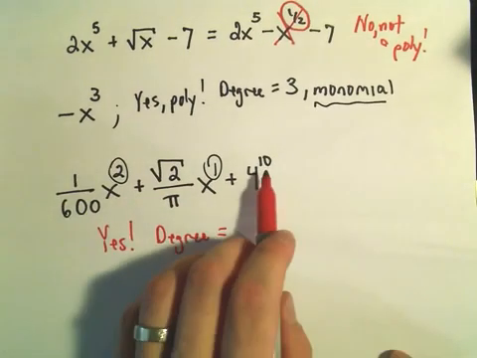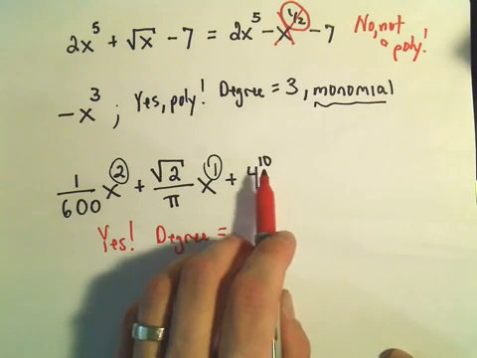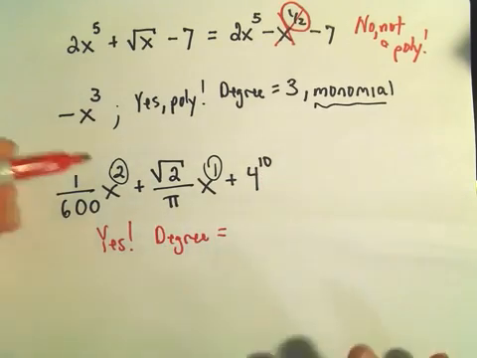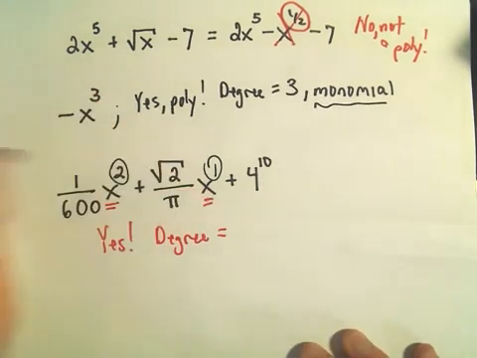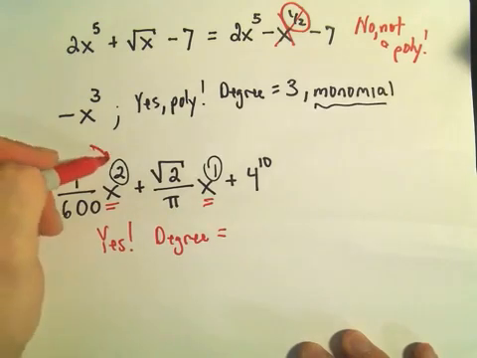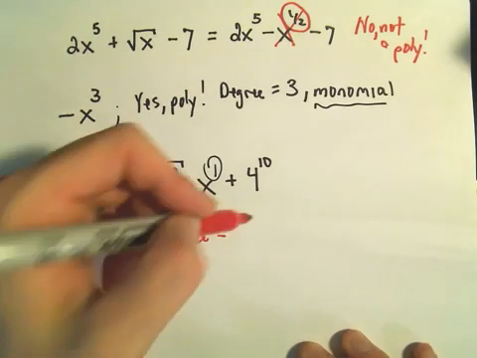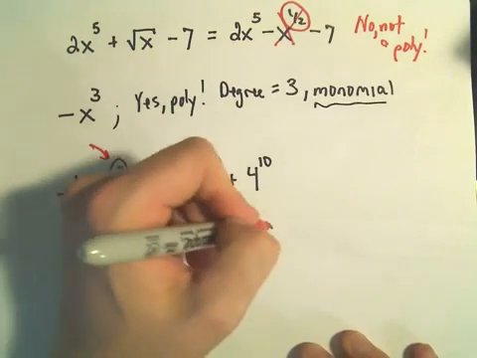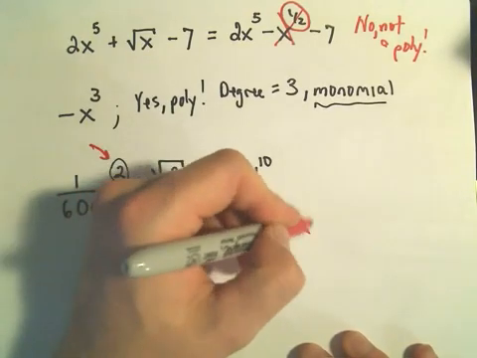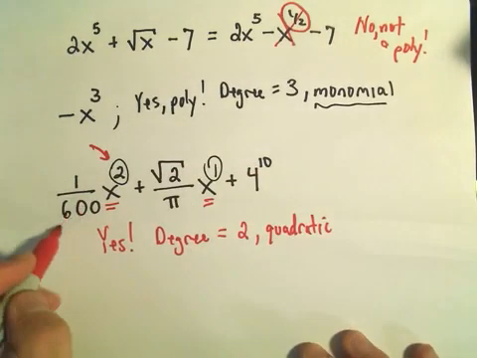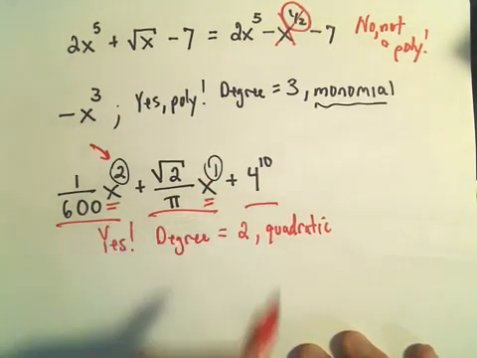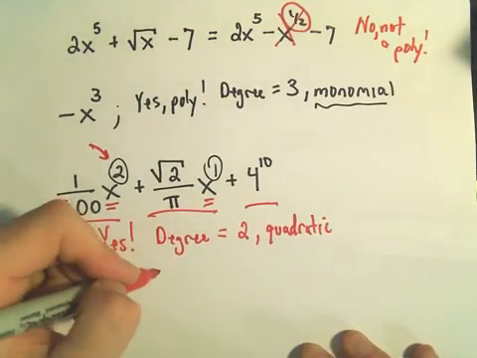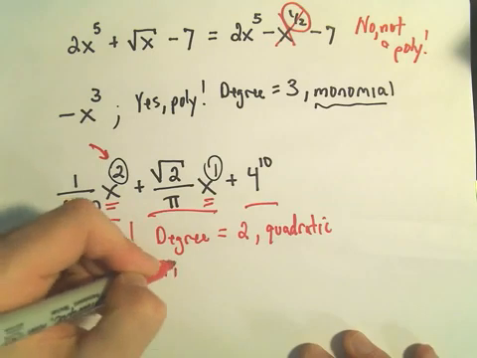It might be easy to say it's degree 10 because that's the biggest exponent I see. But the degree, we just have to look on the x's, okay? So I look at my x's, the biggest exponent is 2, so I say it has degree 2, which is again a quadratic. Since there's 1, 2, 3 terms, we call it, again, a trinomial.